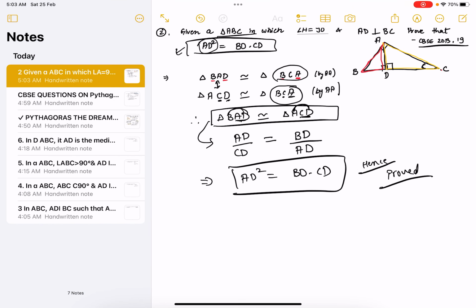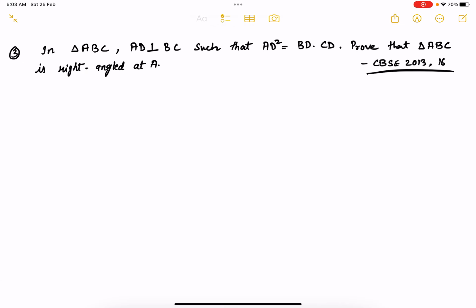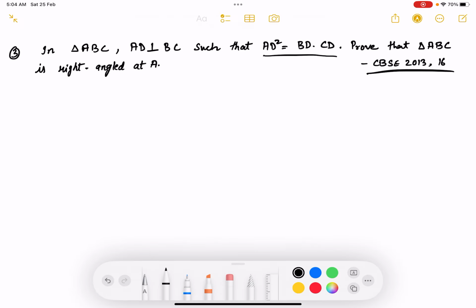Now take the third example. In triangle ABC, AD is perpendicular to BC such that AD square is equal to BD into CD.